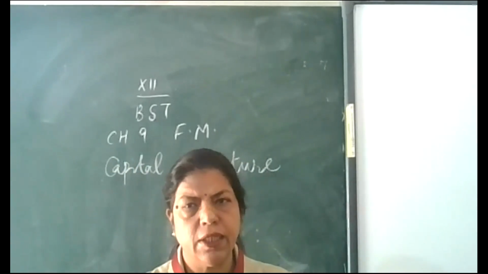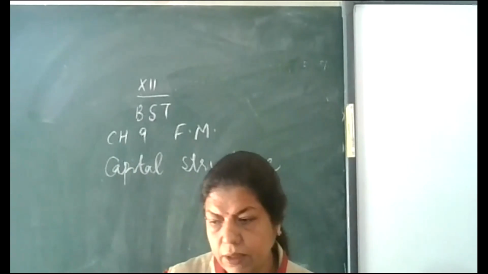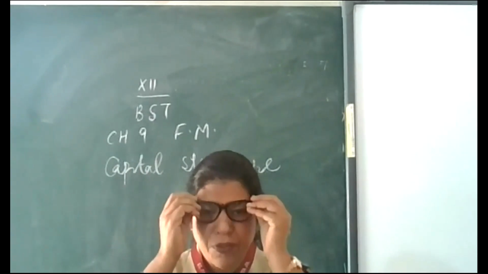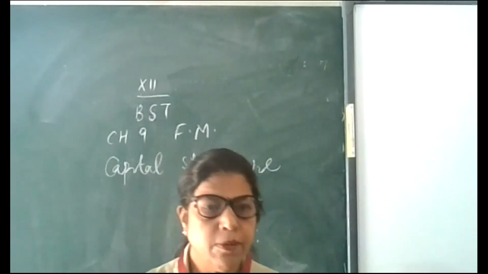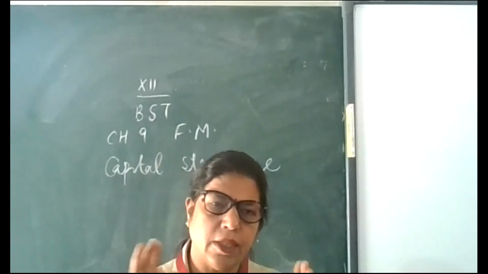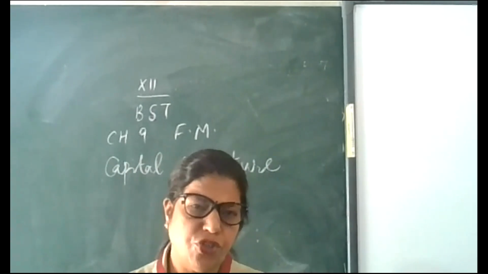Yesterday we completed, and the day before yesterday you can see the prior videos, financial planning, objectives of financial planning, importance, meaning, types of financial planning. Now the topic is capital structure.